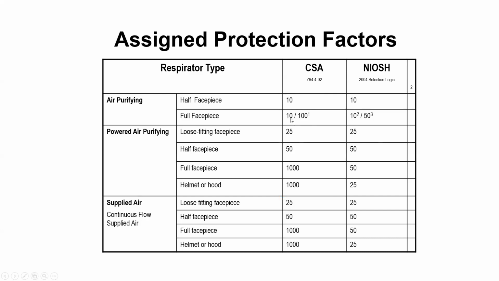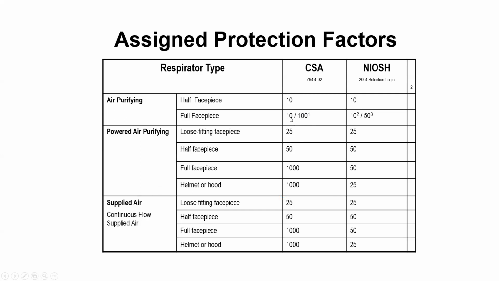Here the same: first number, qualitative fit testing, smoke or sweet or bitter solution. Second number is 100, but read the paperwork which comes with the respirator. I have seen some having assigned protection factor of just 50 when fit testing with a quantitative method using computerized equipment.